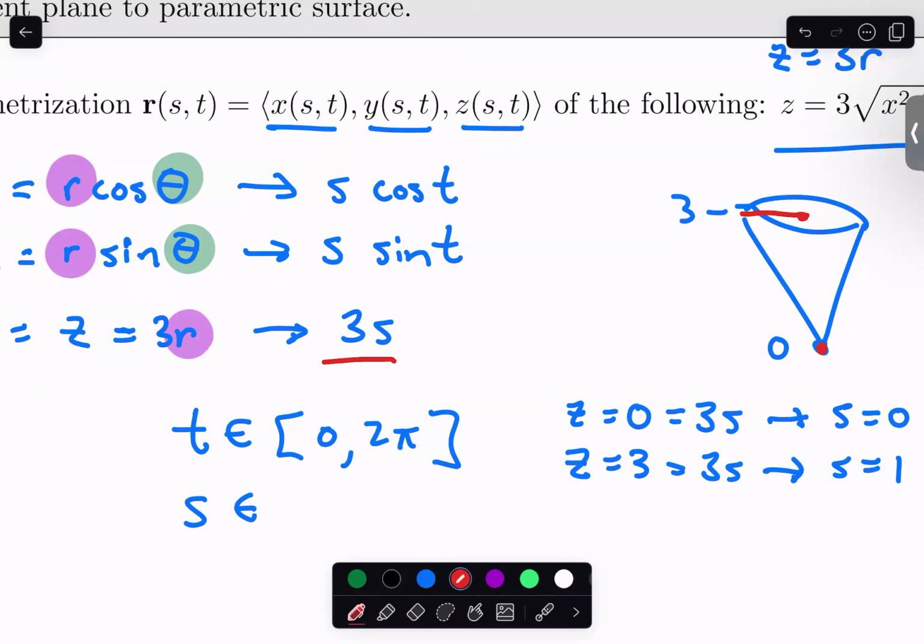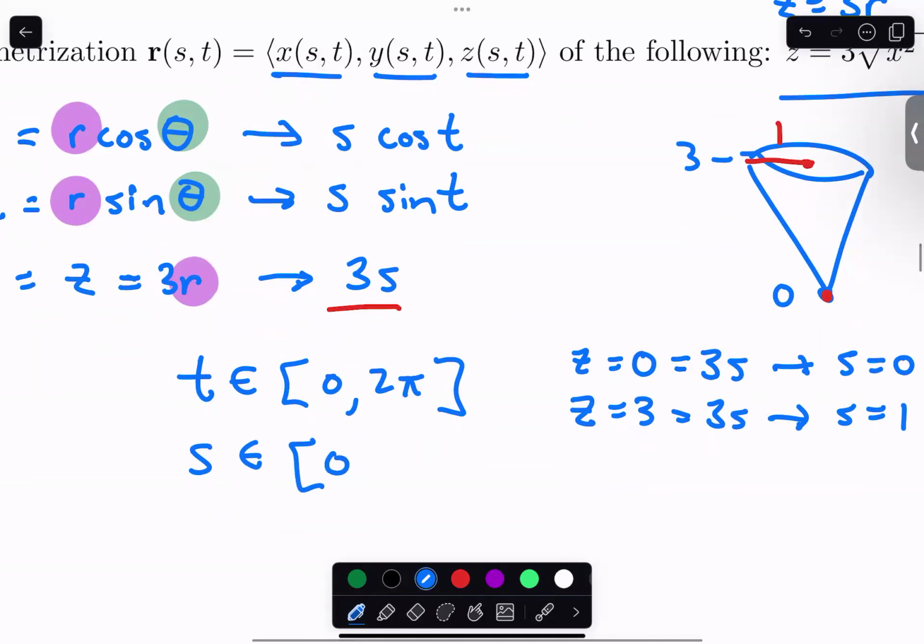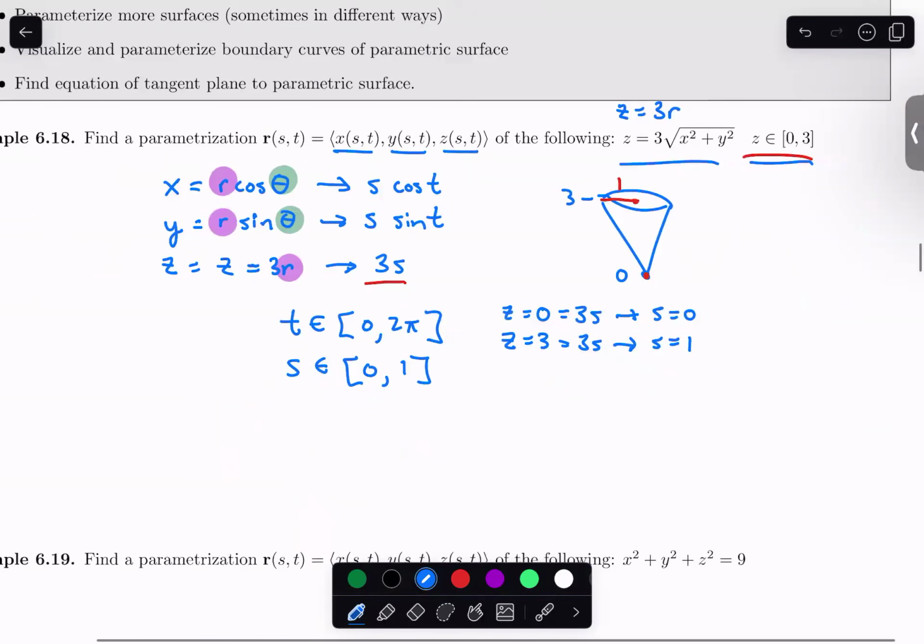So this is a circle of radius 1. If I don't want my cone to go on forever, I need to stop it somewhere. The smallest radius is always going to be 0, because we don't allow for negative radiuses, but it's going to keep on getting bigger until we hit 1. Then we need to stop because that corresponds to a z value of 3.